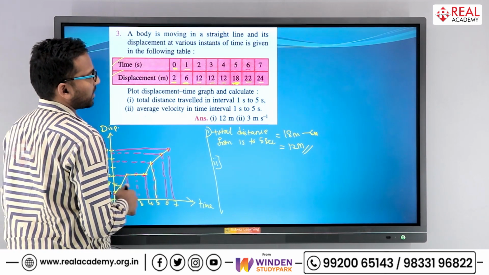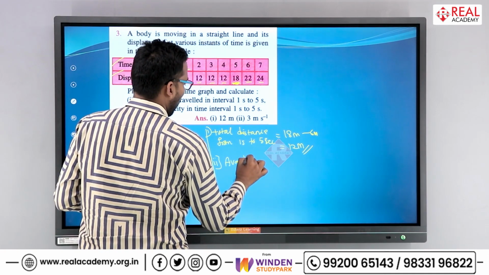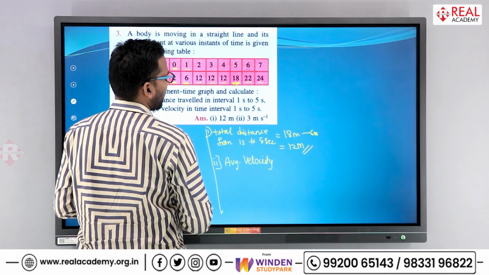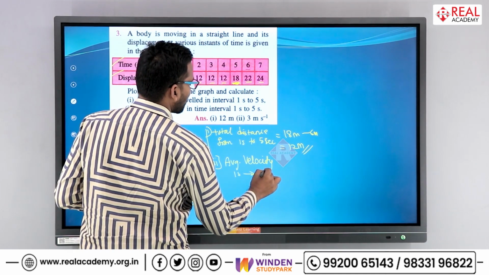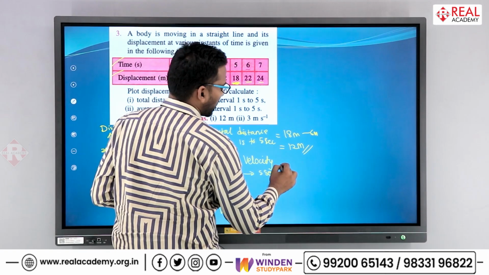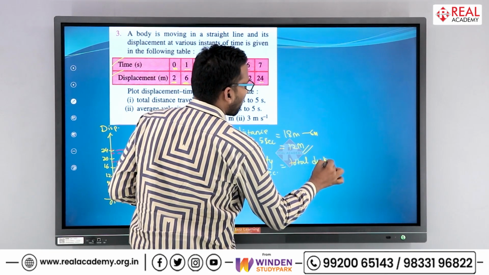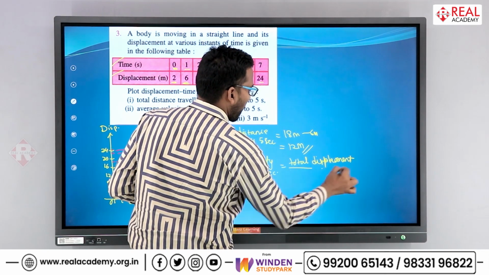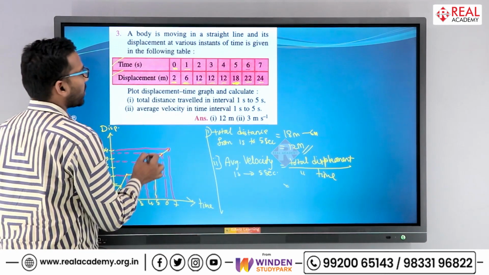And for second question, average velocity in time interval 1 second to 5 second. Average velocity is total displacement upon total time.